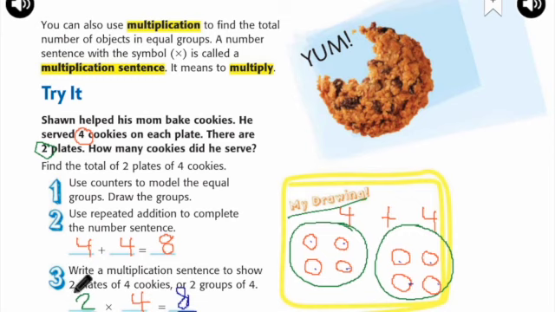So yes, 4 plus 4 is 8. You can use your repeated addition. That's your first strategy. Or your multiplication sentence, 2 times 4 equals 8. So Sean served 8 cookies. That's right.